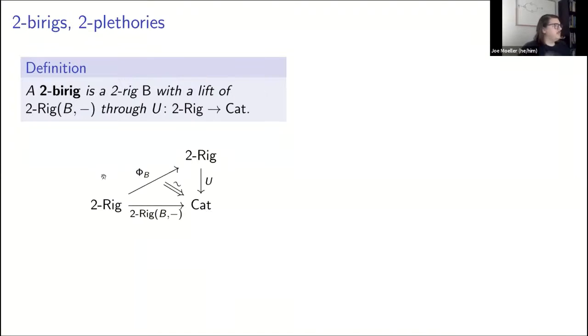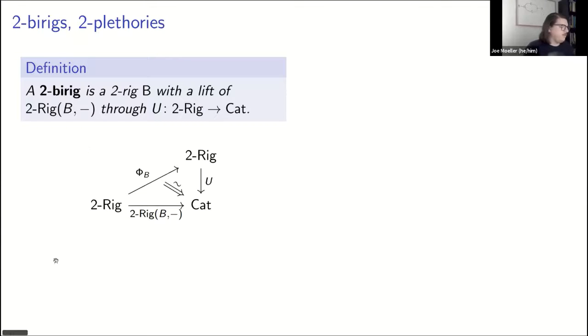So now I can tell you what a two-birig, our categorification of a birig, is. A two-birig is a two-rig that is equipped with a lift of its representable. I'm going straight for lifting the representable here, which is the easier way to go about this.